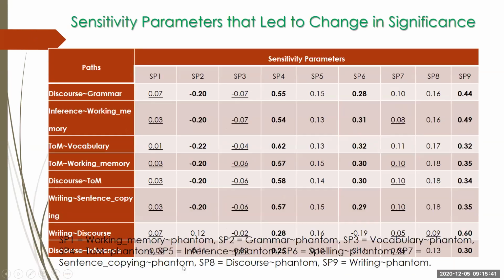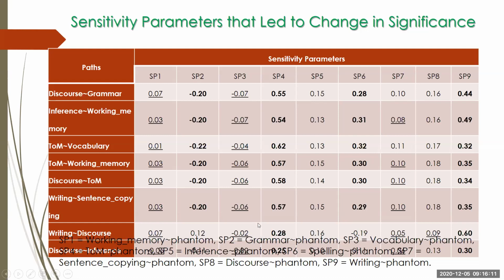Another table we can obtain, this is a little bit more complicated to read, shows for each path what sensitivity parameter was large. Here the table went over, but let me just show, for example, SP2 is grammar on phantom.